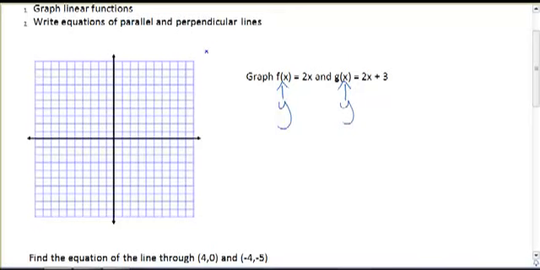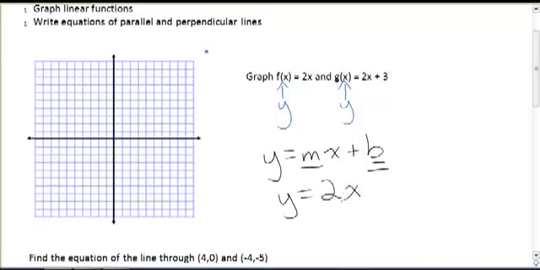Well, remember this lovely formula. Y equals mx plus b, where m is the slope and b is the y-intercept. So, our first equation is y equals 2x.